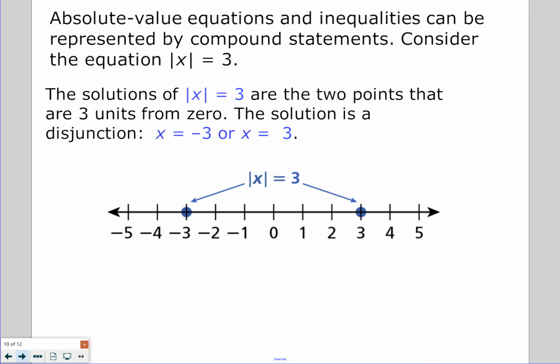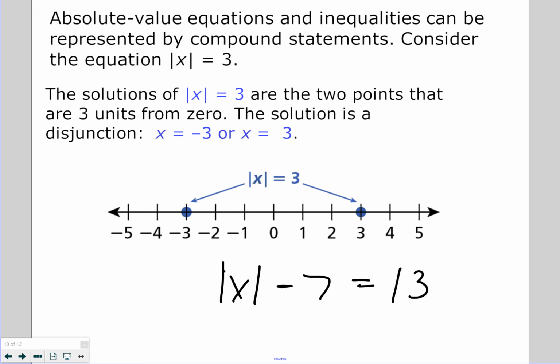Your absolute value has to be by itself. So if we have the absolute value of x minus 7 equals 13, I'm not going to write the word or yet, because there's still something next to the absolute value that needs to go to the other side. That's called isolating the absolute value. We're going to practice doing that.